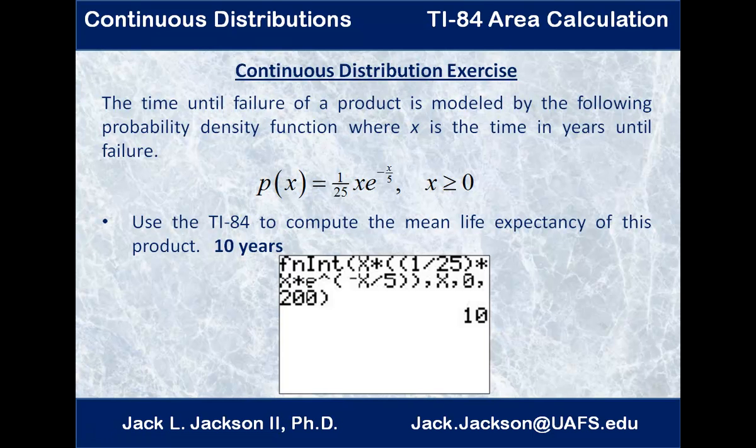So what I can do is I say x times, and notice I put the entire PDF in parentheses here, and then put x times that, and that's what I'm finding the integral or the sum of. Okay, so I'm summing up x times the PDF from x going from 0 to 200, and that turns out to be 10. So the average life expectancy for this product is 10. On average, they'll last 10 years.